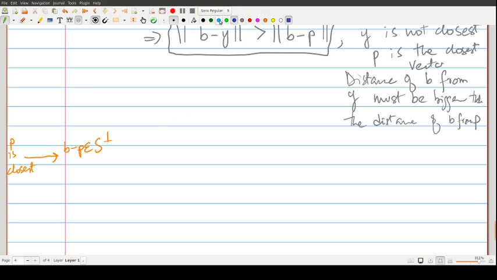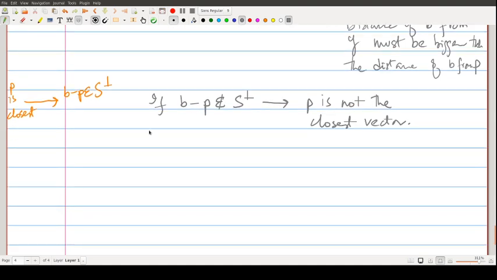I'm going to prove that if b minus p is not in the orthogonal complement, then p is not the closest vector. So I can use this fact, and so let's take this.